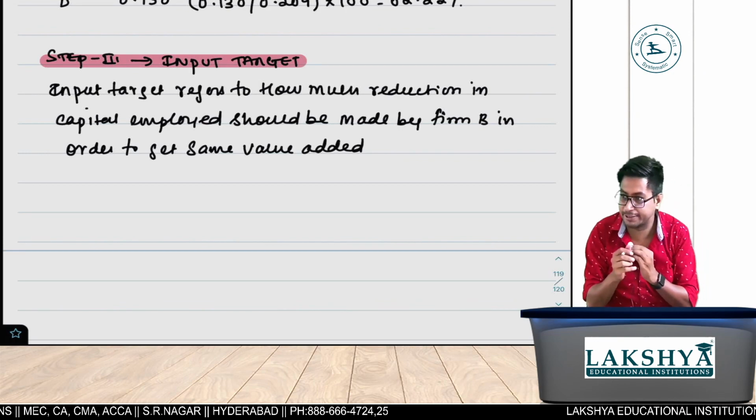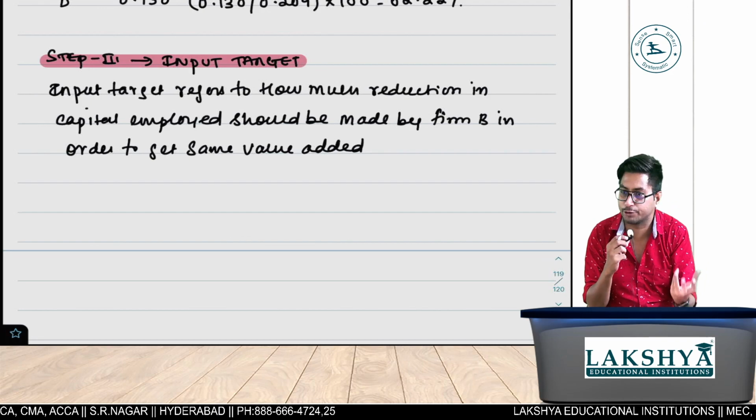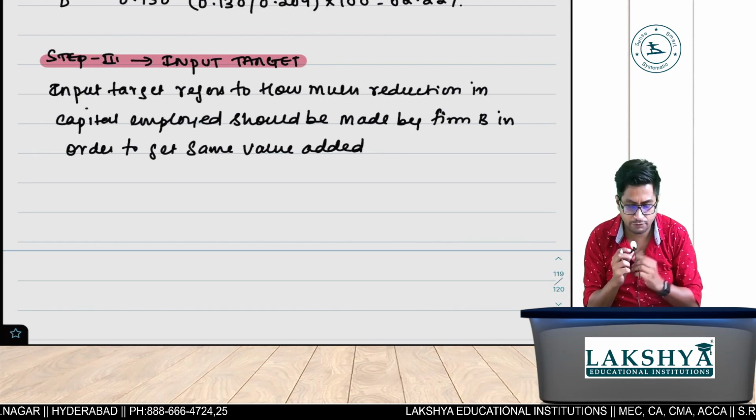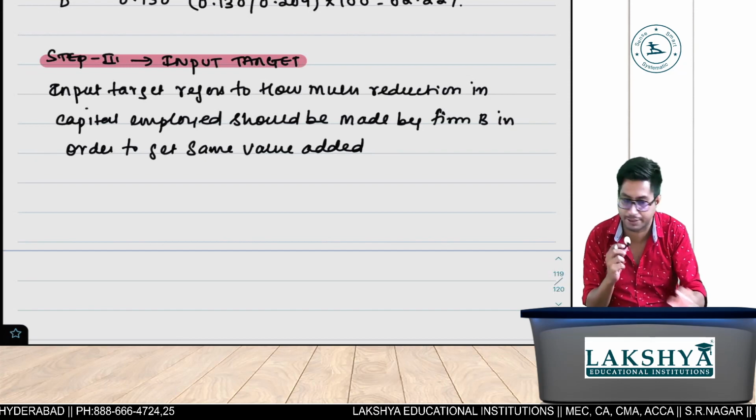So instead of writing the words input and output, since here input is capital employed and output is value added, I'm using those words.